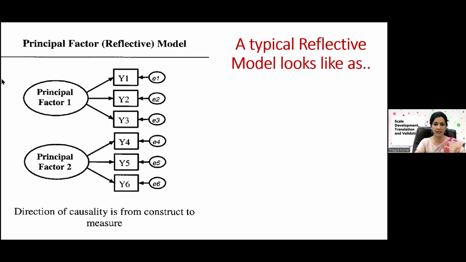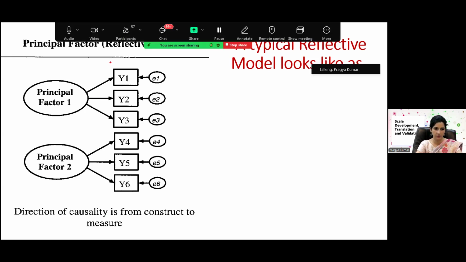Now this is again the same. You will find this diagram in most textbooks: this is a reflective model. You can see here this is principal factor one. The various domains of a broad construct are known as factors. So this is factor 1 and this is factor 2. These are y1, y2, y3, so y1 to y6, a total of 6 items, and these are the error terms, error 1 to error 6.